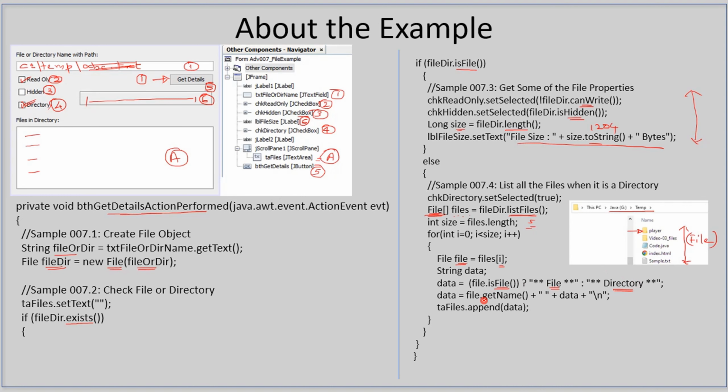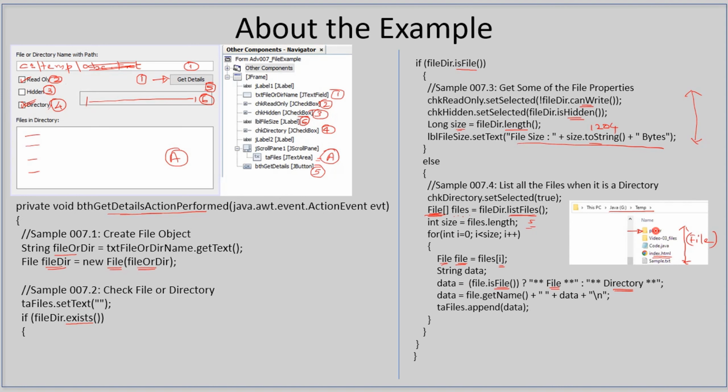After that, we say file.getName. So whether it is file or directory, the getName will return the name of the java.io.File. So here the name is player, and when you are reading at this location, the name will be index.html, and we are appending that with the already formed information.